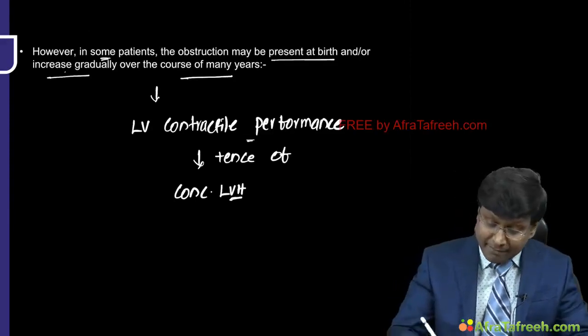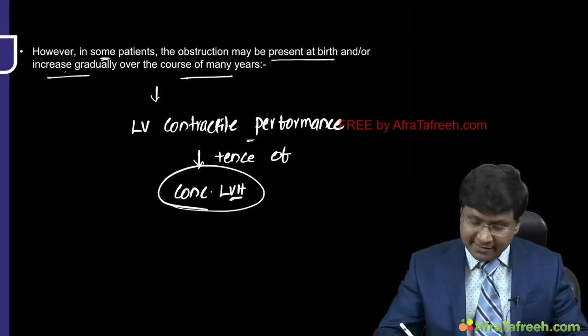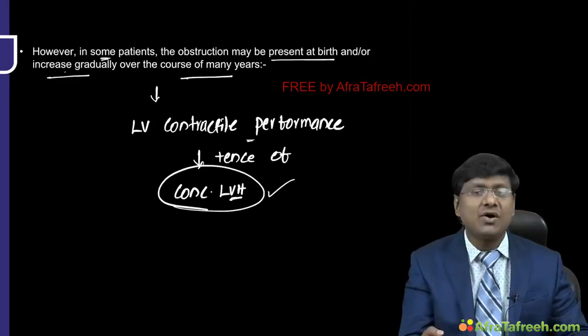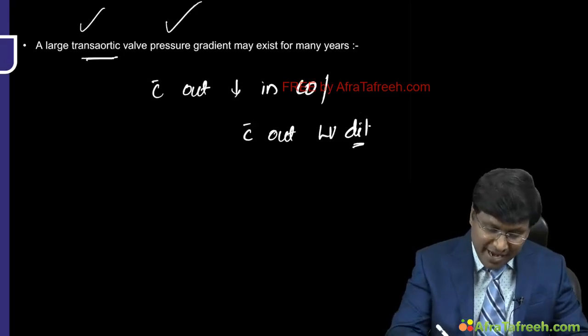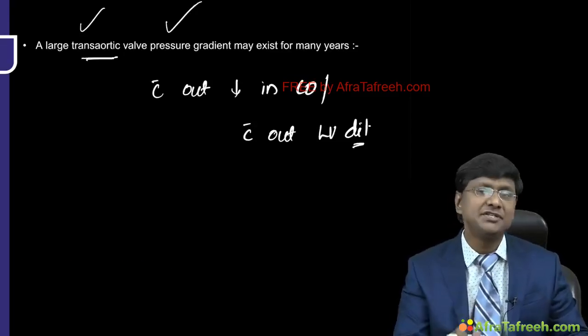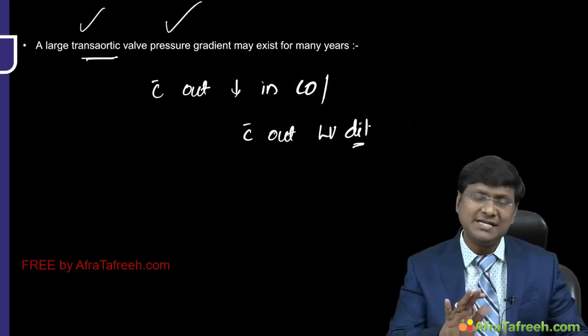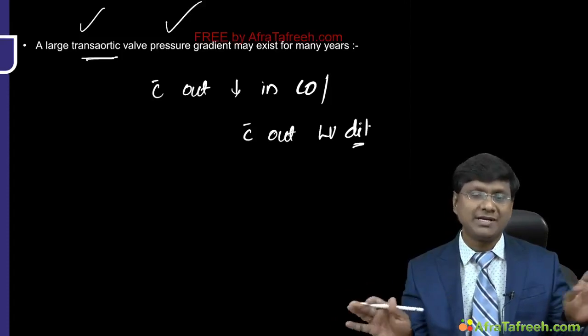So for many years it will be only concentric left ventricular hypertrophy, and this concentric left ventricular hypertrophy is the one which is causing the contraction to be more and thereby maintaining the cardiac output. So for many years, without reduction in the cardiac output or without the development of LV dilatation, the individual will exist. But ultimately, what are the changes?